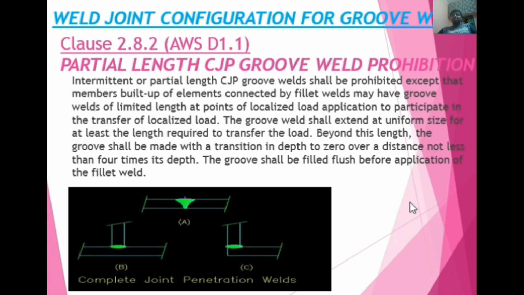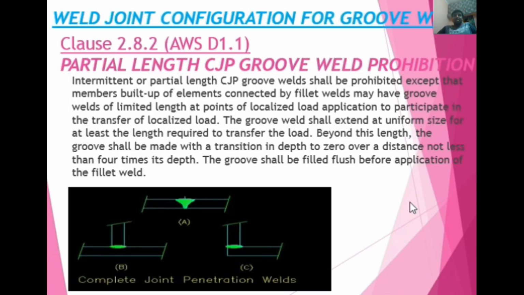If the length of the groove is maybe 300 mm, and you are doing only 100 mm and not the other 200 mm, then it is not acceptable because partial length CJP groove weld is prohibited.